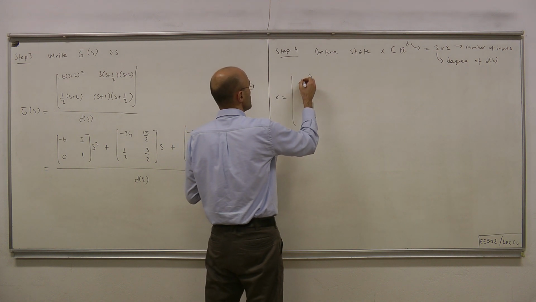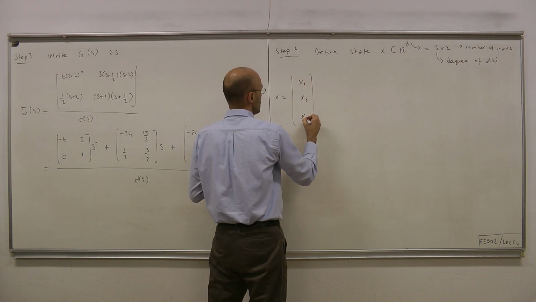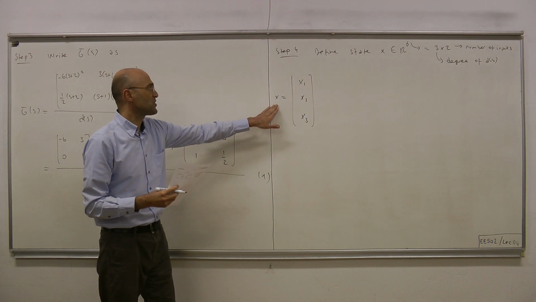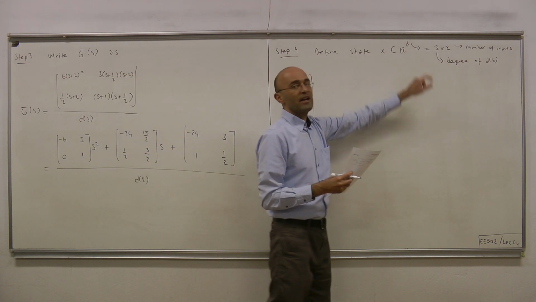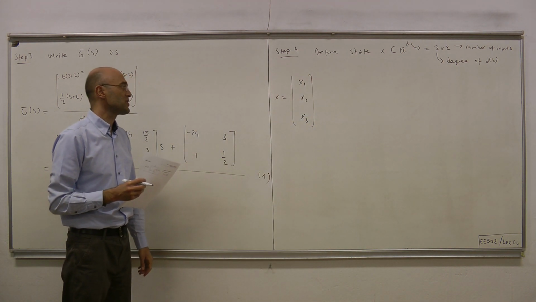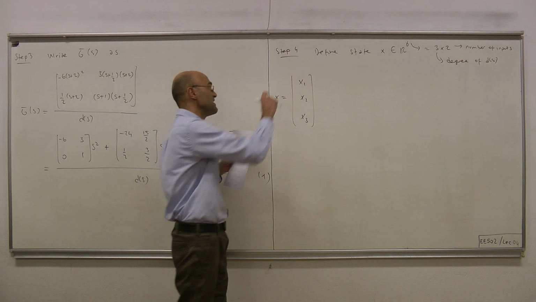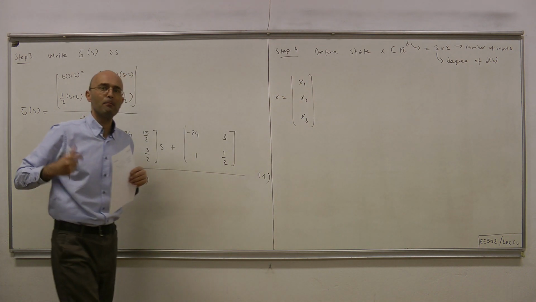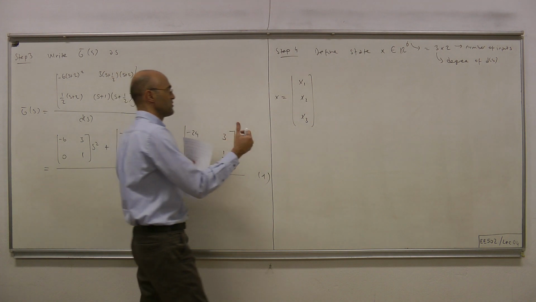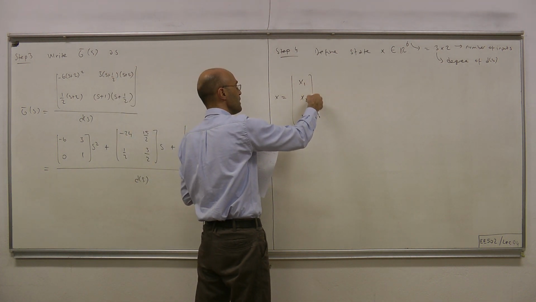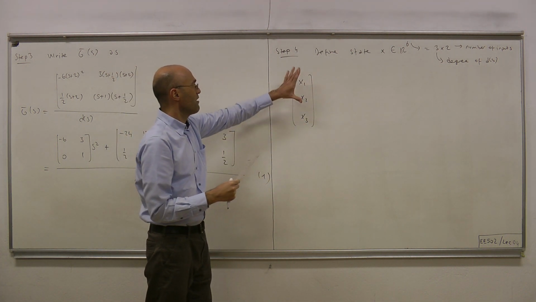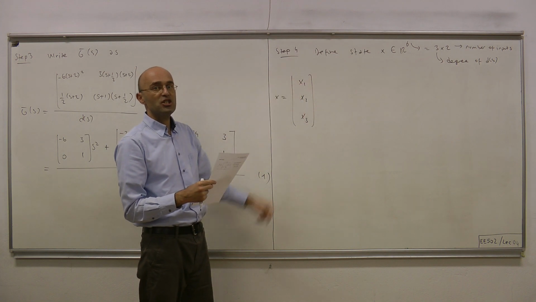We're going to let x be x1, x2, x3. Now x is a vector in R6, so its size is 6, but now we have 3 entries. Therefore, these entries themselves must be vectors. And if that's the case, x1 is a vector in R2, x2 is a vector in R2, and so on. So we have 3 vectors, each in R2.